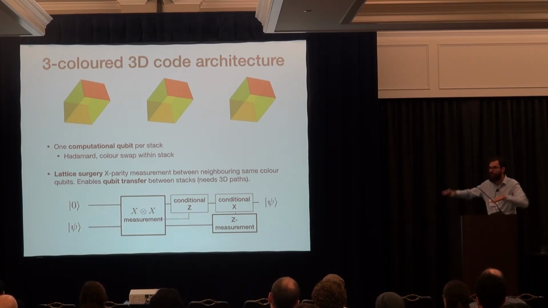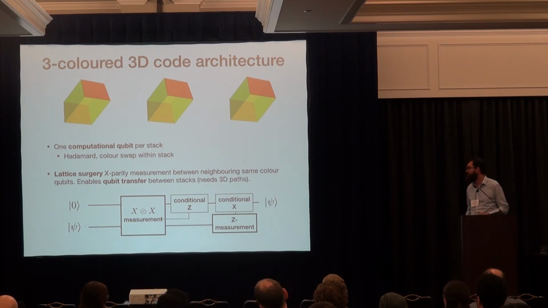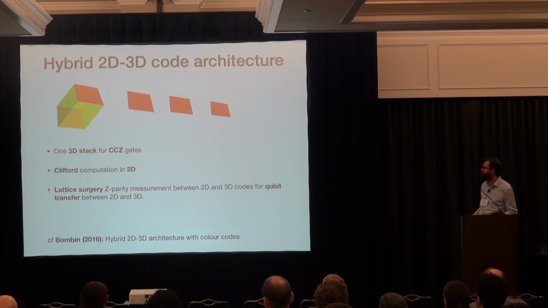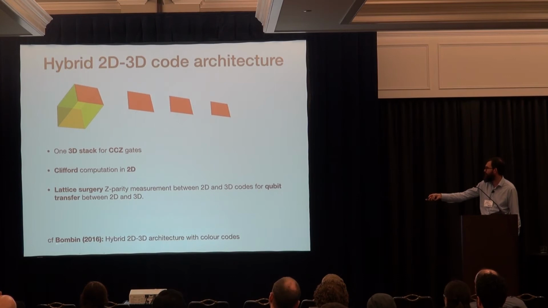So in order to move our qubits around without them colliding with one another, we'd need to use a full 3-dimensional structure, but that's certainly something that could be worked out, and we might see a similar sort of structure to some of the other talks we've seen during this workshop. Or we could consider hybrid 2D, 3D constructions. So for example, this has been proposed by Hector for color codes.